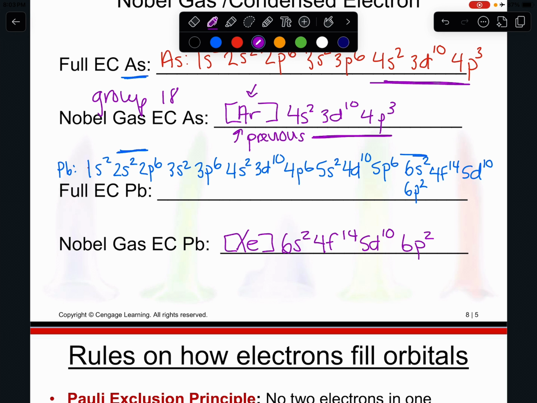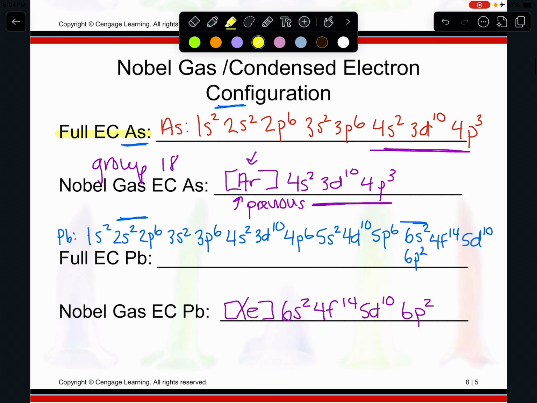Okay. Now, I just want to quickly show you, you can use electron configuration to figure out valence electrons. Valence electrons are the outer shell electrons. To do that, you're just going to find your highest number, which is going to be your energy shell or your energy level. So in the case of arsenic up here, the highest number, the numbers in front, is this 4, and there's a second one.